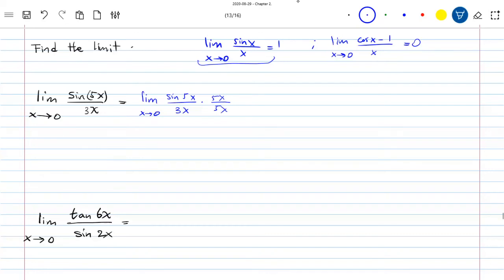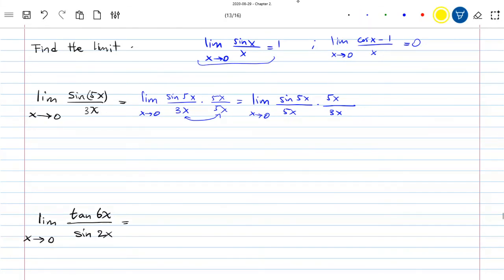Why do I do this? So I can rearrange it. I can write it as limit of sine 5x divided by 5x times 5x divided by 3x. You see this rearrangement? I just interchanged the position of these two. I cannot only multiply the numerator by 5x. Whatever I do in the numerator, I should do exactly the same in the denominator. X approaches 0.